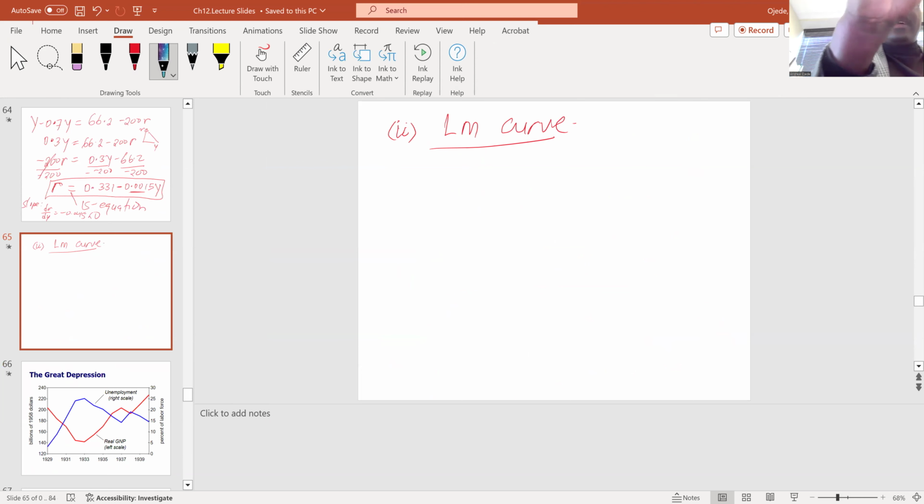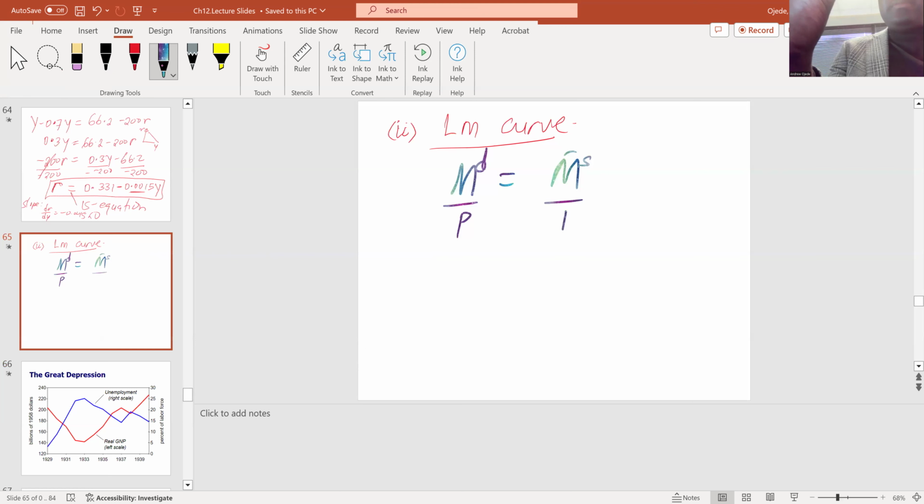So to derive it, you invoke the money market equilibrium that says MD over P must equal MS over P. The money demand function has been given: MD over P is given as 5Y minus 1500R, dropping the time subscripts. The money supply MS is given as 2,480 divided by the price, which is 4.